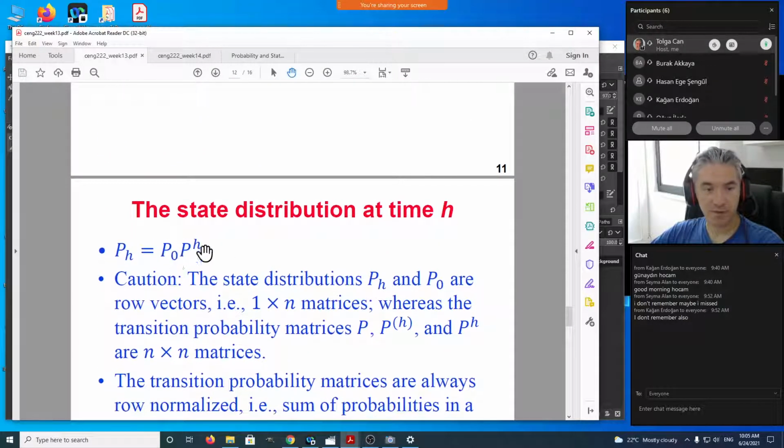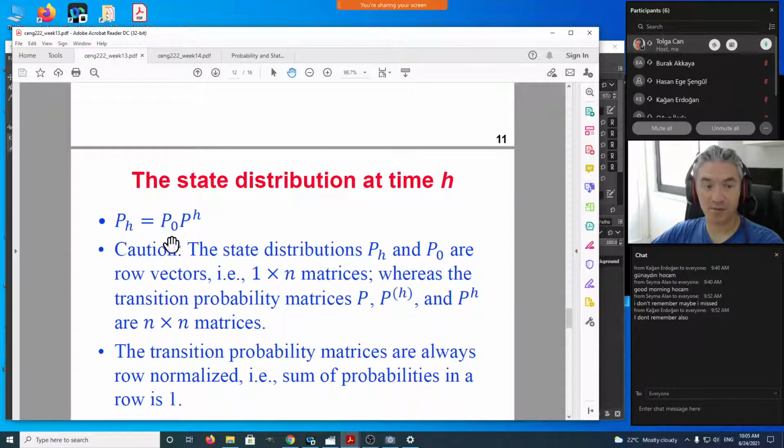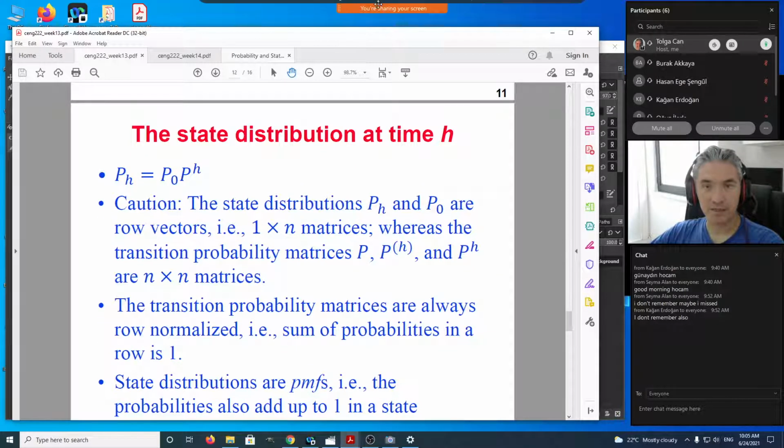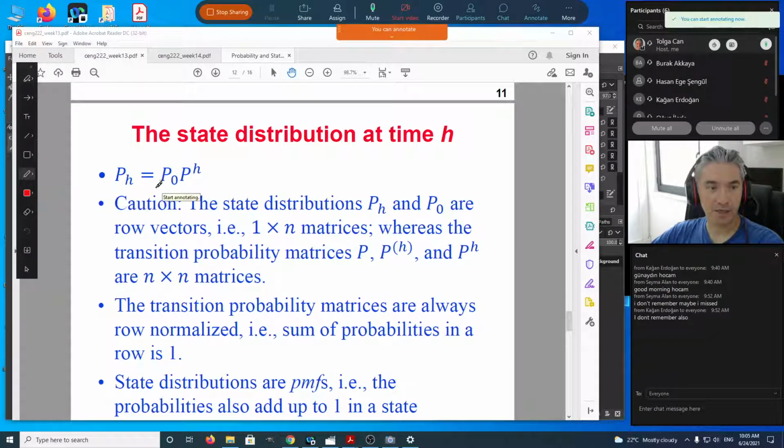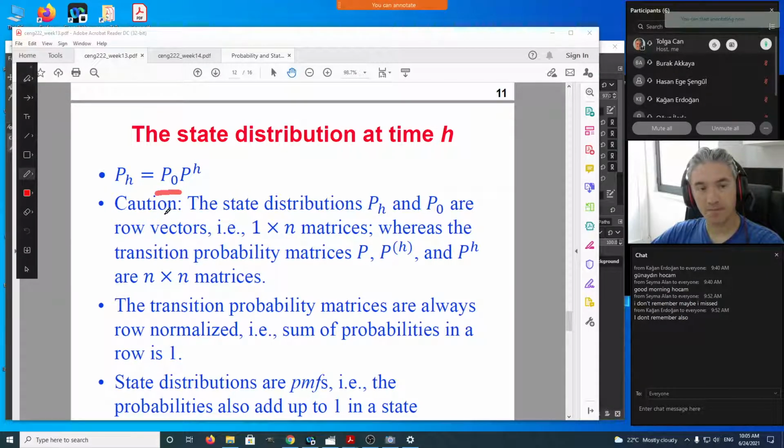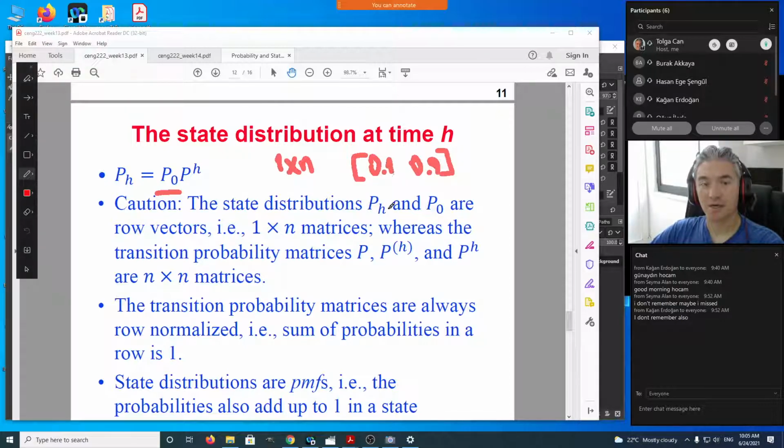And here is the thing that we do where we put those two different variables. Let me annotate here. This one here, P0, is a 1 by n row matrix, which shows the state distribution at time 0. For example, it could be something like 0.1, 0.9 if there are two states, indicating 10% rain and 90% sun.